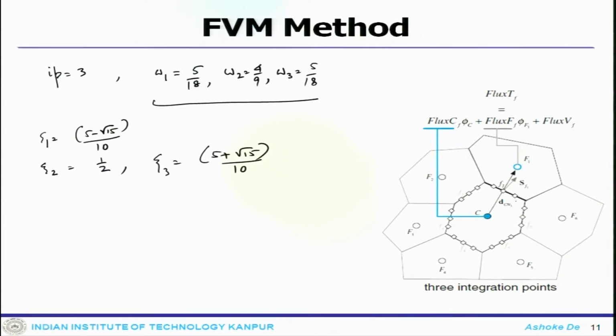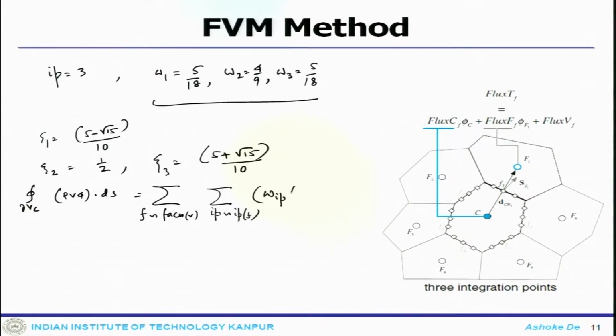Essentially what I got is that the integral of rho v phi dot dS gives me back the summation over F, the faces, over V, of the summation over IP, from 1 to IPF, of WIP rho v phi IP dot SF.